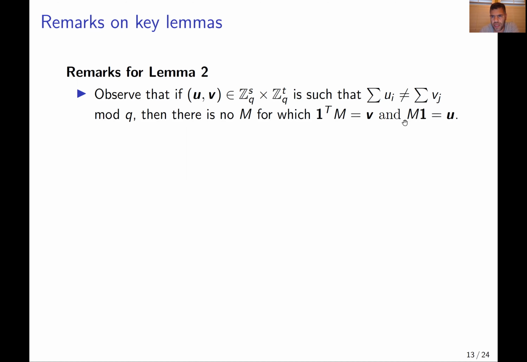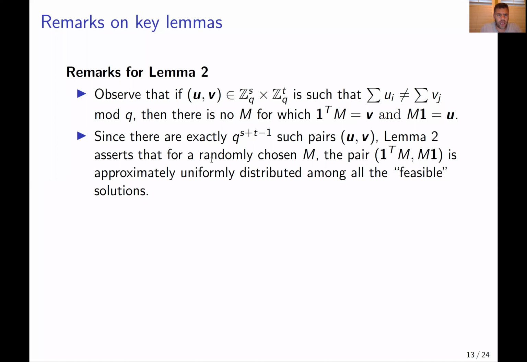Because 1 transpose M 1, you just sum up all the entries of the matrix M, so it must be the same residue class. And again, there are exactly q^(s+t-1) such pairs, and therefore it just means that the pair 1 transpose M and M times 1 is approximately uniformly distributed among all the feasible solutions.